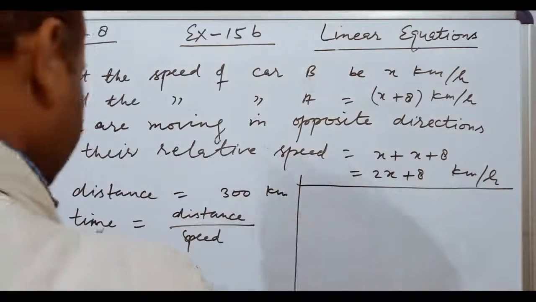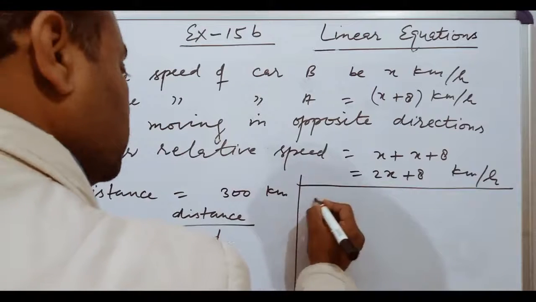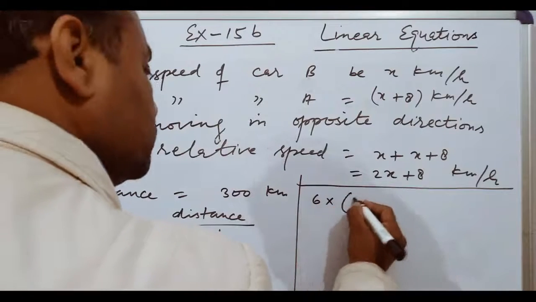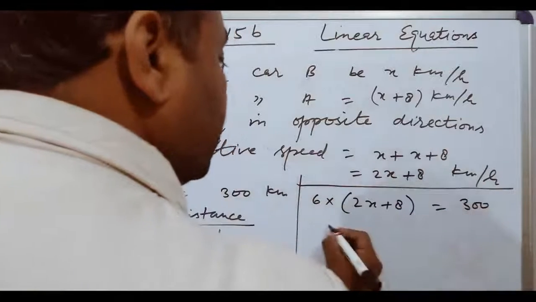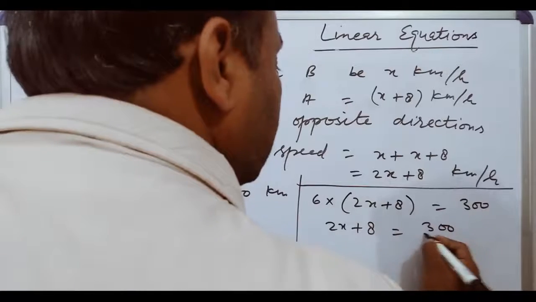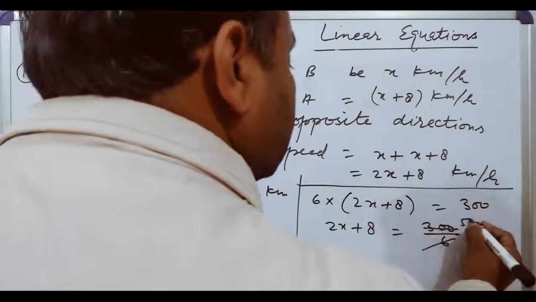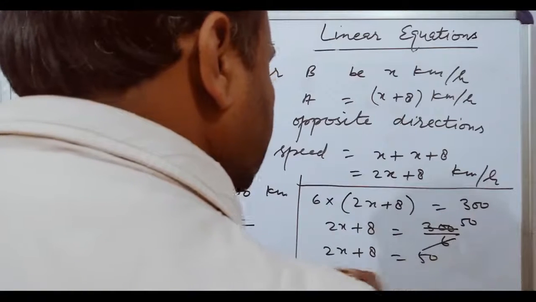Do cross multiplication. We can write 6 upon 1. So 6 into 2x plus 8 equal to 300 into 1. 2x plus 8 equal to 300 upon 6. 6 5s are 30, then 2x plus 8 equal to 50.